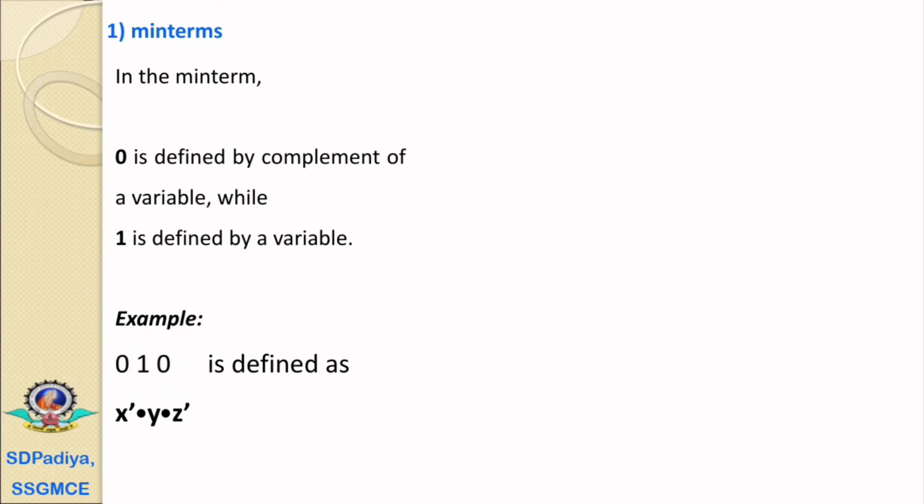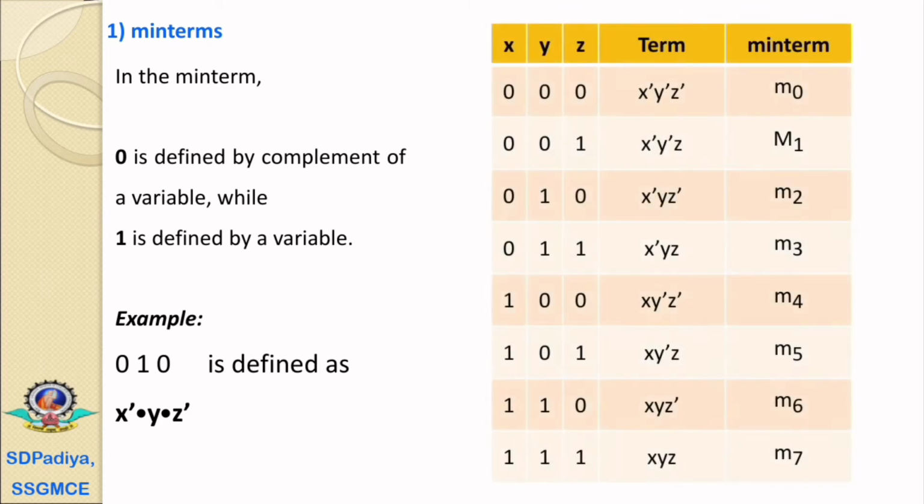If we have three variables x, y, z, then there are 8 different combinations: 0, 0, 0; 0, 0, 1; 0, 1, 0; 0, 1, 1; 1, 0, 0; 1, 0, 1; 1, 1, 0; and the last is 1, 1, 1.